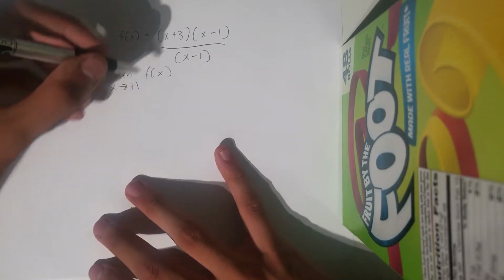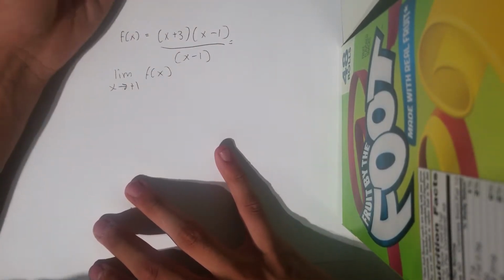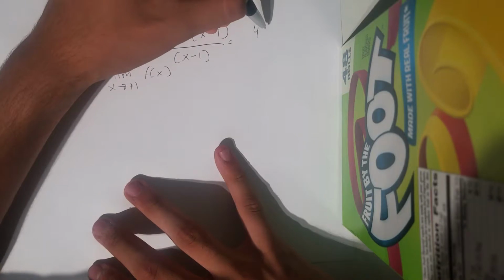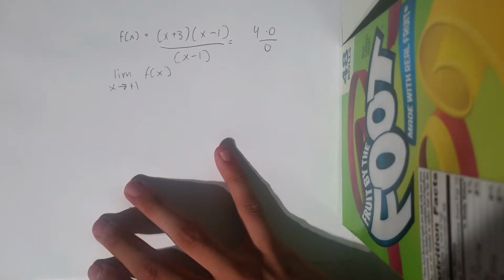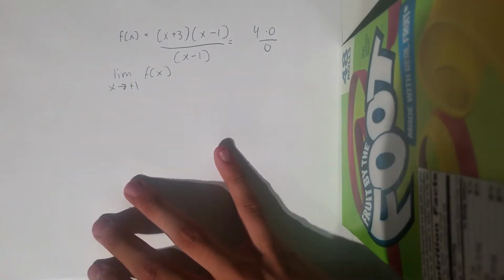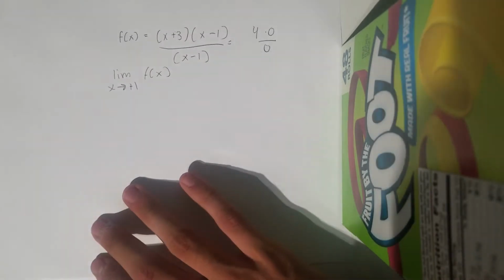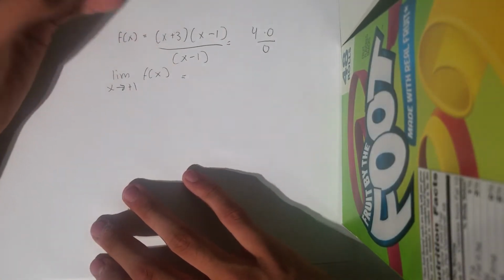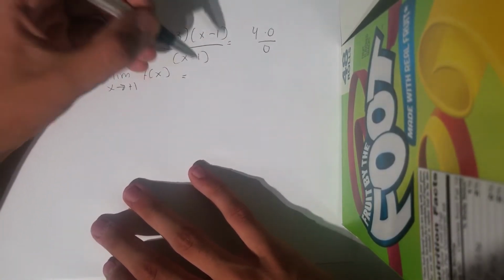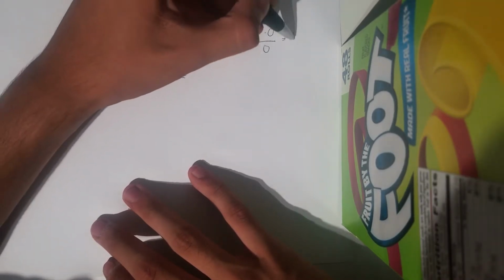Obviously when you plug in 1, you get 4 over 0, which does not work. The limit does not exist if you were to plug that in.